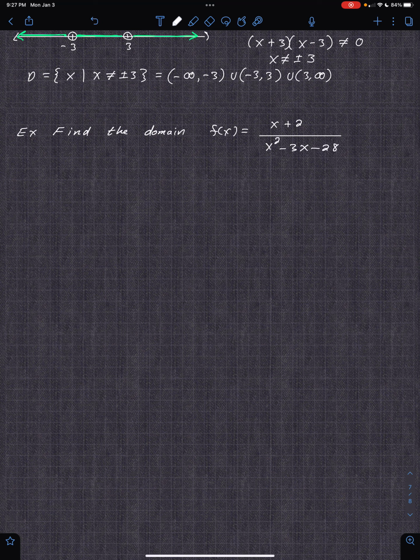Okay, so try that one. And I'll give you another one to try. Find the domain of h of x equal to the square root of 16 minus x.